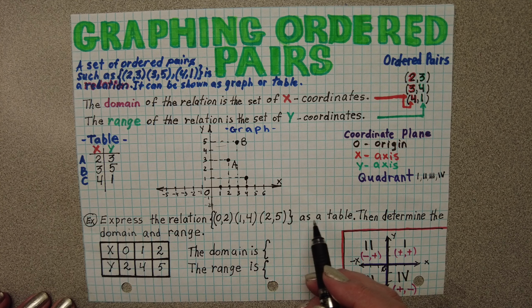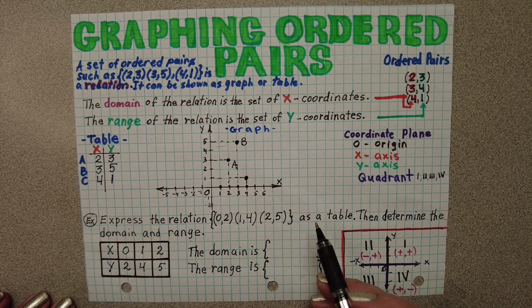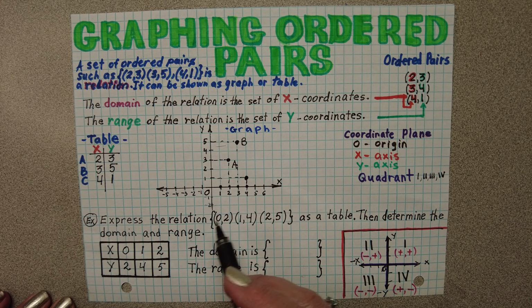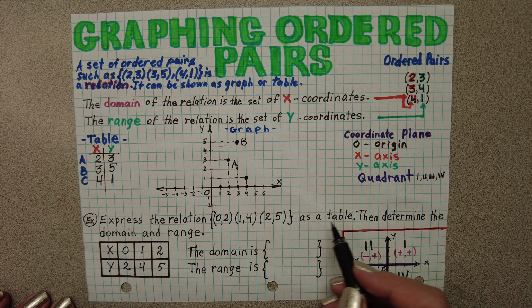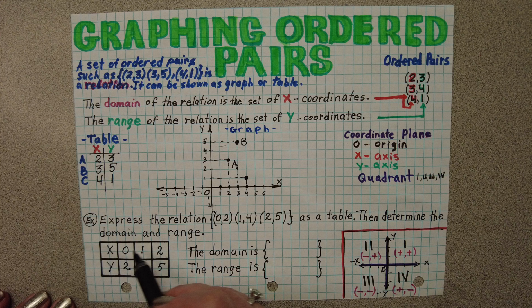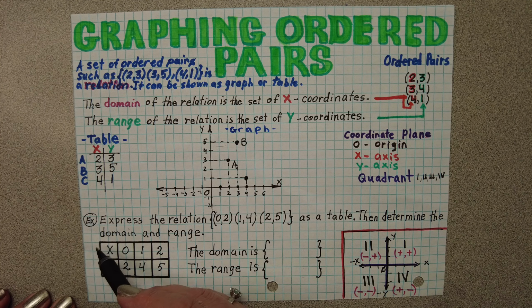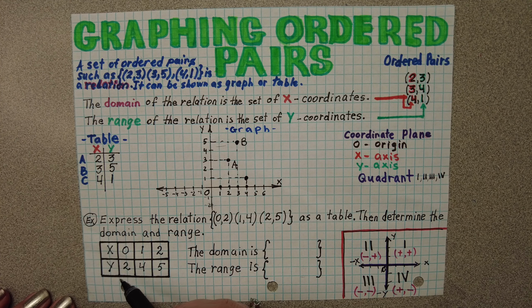This is the first part the exercise asks us to do. It says express the relation of these number pairs, ordered pairs, as a table. So this is the way we make the table. This is also the way, but this is another way to make a table for a relation.